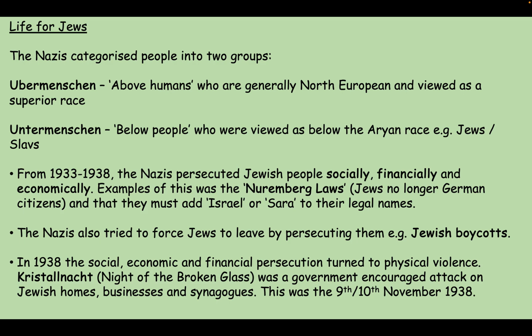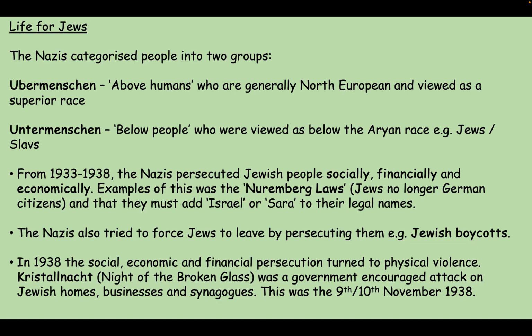Now, life for Jewish people in Germany in the 1930s became increasingly difficult and increasingly horrific throughout the 1930s. The Nazis categorized people into two groups. There was the Übermenschen, Über, above, Menschen, people or humans.